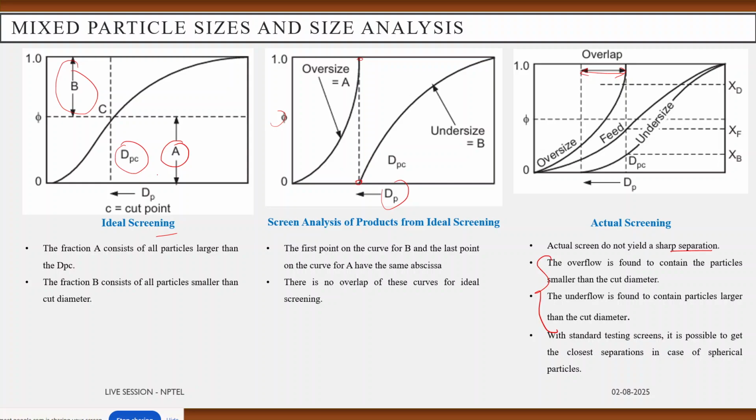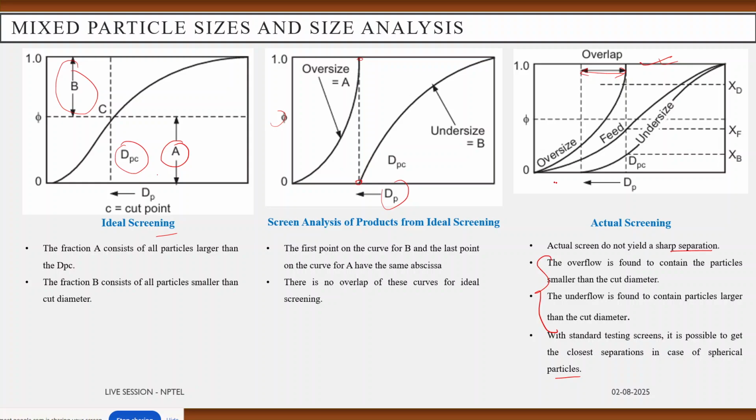With a standard testing screen, it is possible to get the closest separation in the case of spherical particles. But in reality, all the particles are not spherical. So we need to check very carefully, and we can do the actual screening as well as possible, but ultimately we will get this kind of graph with an overlap region.